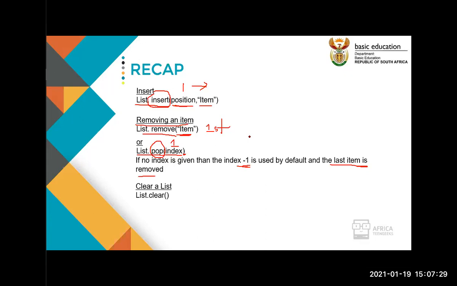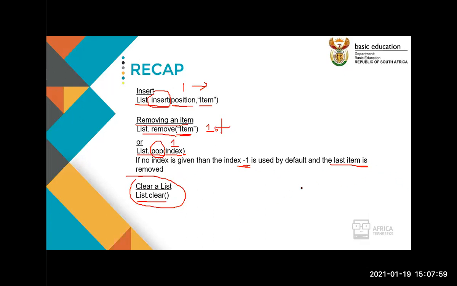If you start counting from the front, we start at 0, and if we start from the back of the list, it starts off at -1. And lastly, we did the clear list. The clear one was just list.clear, and this allowed us to remove any items that were in the list, making sure that the list is now blank when we want to use it.